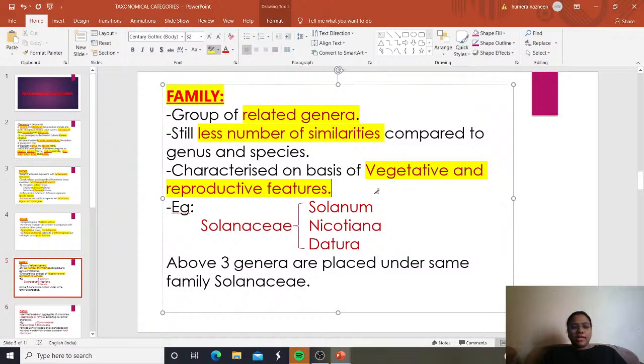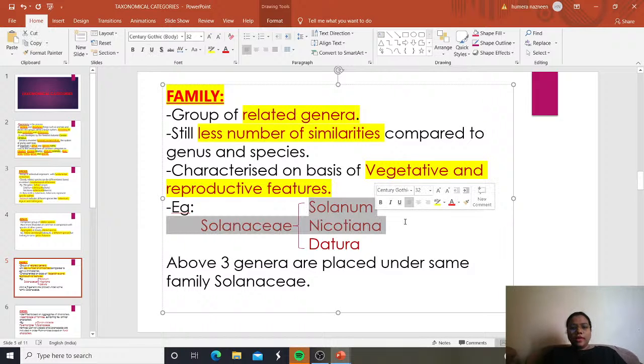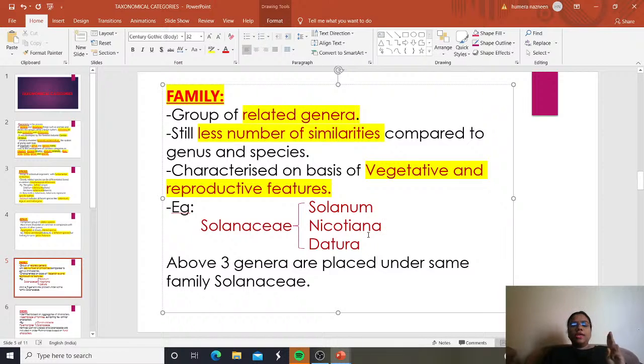Now if we are going to see examples, this Solanum, Nicotiana and Datura, all the three are different genera.